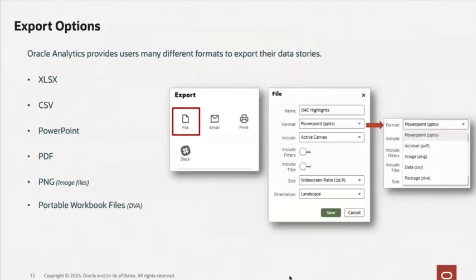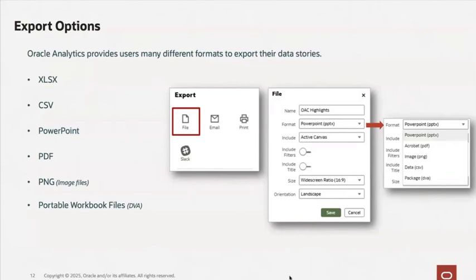All right. So next we'll briefly talk about the different types of export options. So today more than ever, users need a choice on how they want to share and collaborate their data. So with OAC, there are several different types of export formats, including Excel, CSV, PowerPoint, PDF, and several others.